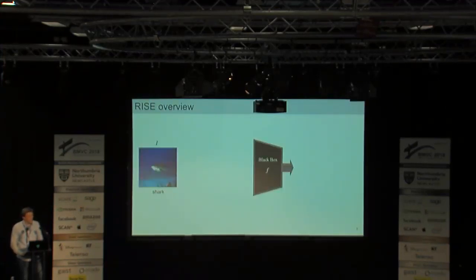Let me walk you through our approach. The idea is really simple. Given a black box model, for example, an image classifier that we would like to explain, and given an image I and a category that we want to see the explanation for, here the explanation of shark, what we do is generate a bunch of random masks, M, and apply them to the image using element-wise multiplication.